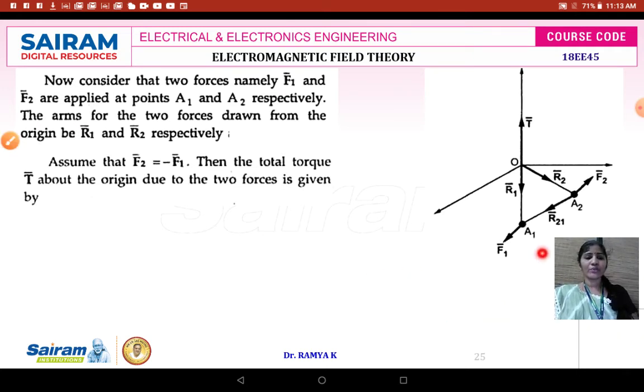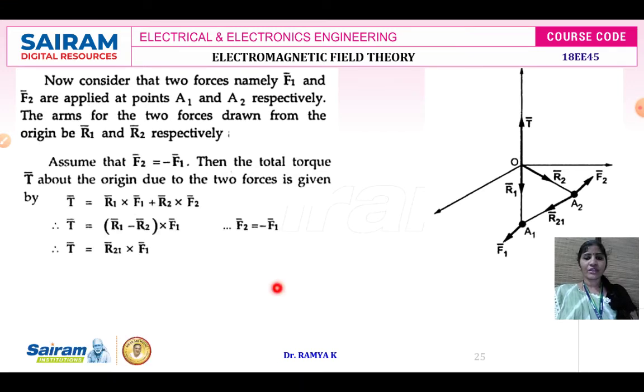So, when both the forces are opposite, the total torque about the origin due to these two forces is given by torque T is equal to r1 cross F1 plus r2 cross F2, where F2 is equal to minus F1. So we can replace F2 with minus F1.